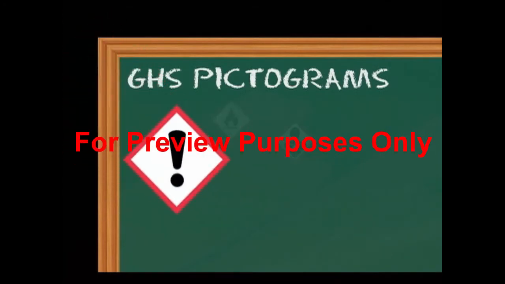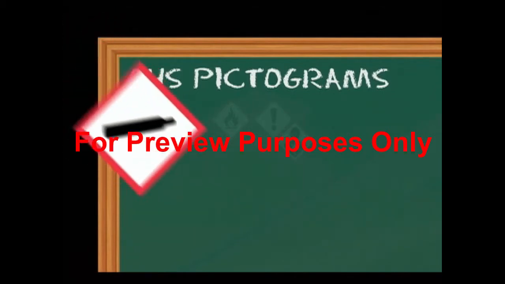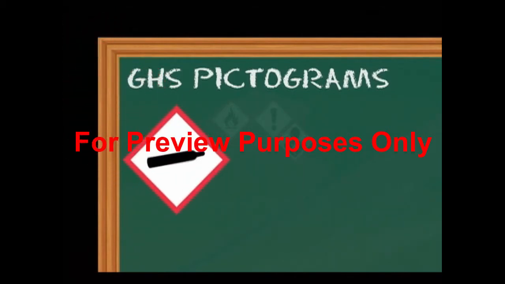An exclamation point indicates that the chemical may be an irritant, sensitizer, toxic, narcotic, or be hazardous to the ozone layer. A picture of a gas cylinder indicates that the chemical is a gas under pressure. The image of test tubes dripping a liquid on a bar of metal and a hand indicates that the chemical is corrosive.